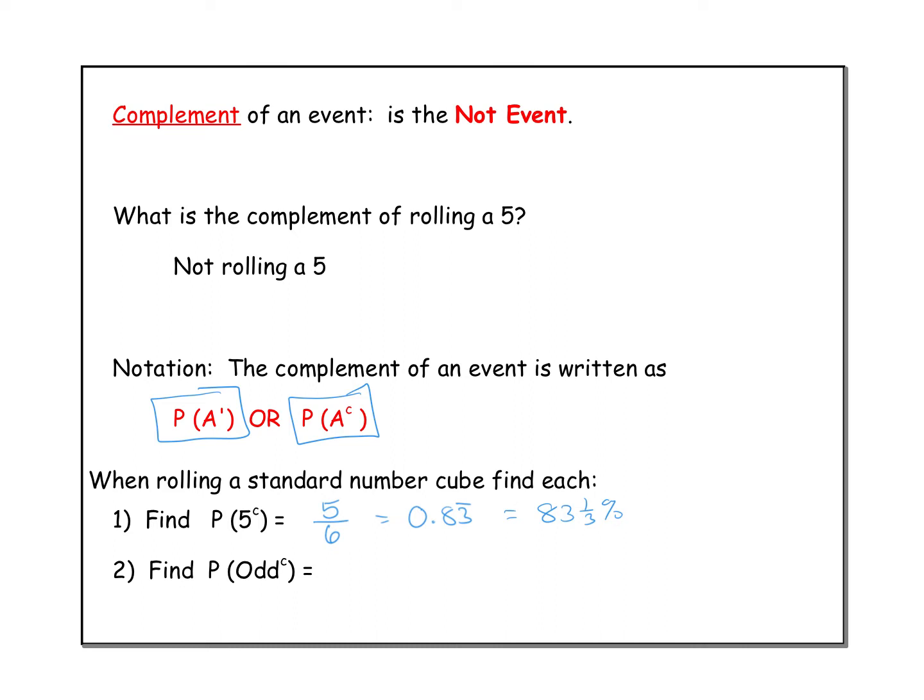Okay, what's the probability of the complement of an odd? What would that be? Tell your neighbor. Three are even out of 6 total, which is 1/2, which is 0.5, or 50%.